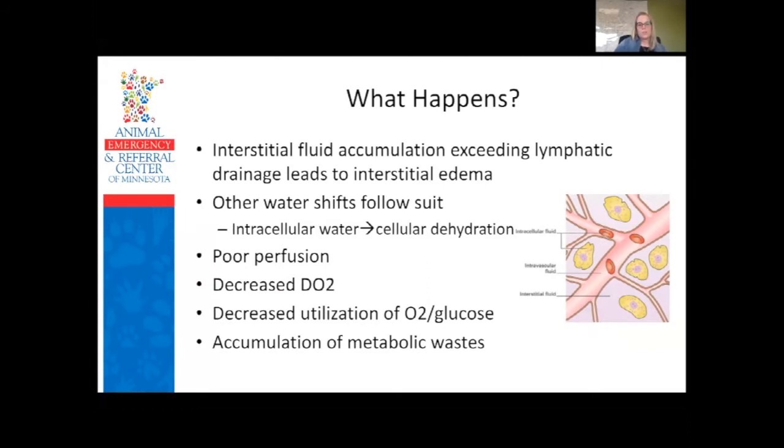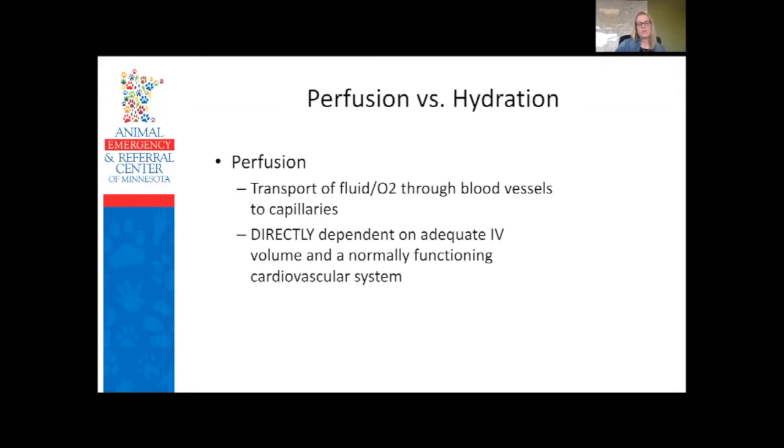So that's what should start to trigger you to say, okay, what kind of things do I need to evaluate in my patient to best be able to treat them with these fluids? And that brings us to the concept of perfusion versus hydration. Perfusion is the first thing that we should evaluate. In all of our patients, we're evaluating perfusion.